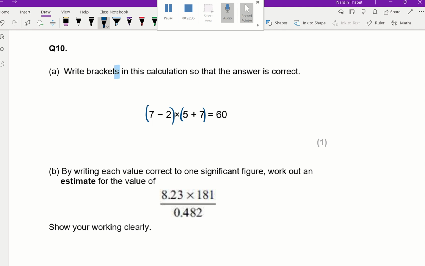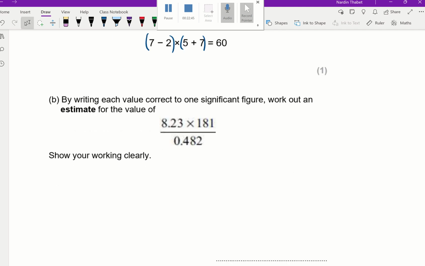By writing each value correct to one significant figure, work out an estimate for the value of this fraction. So they've told you what to do to round to one significant figure. So 8.23 is 8. 181, well, the 8 rounds the 1 to a 2.